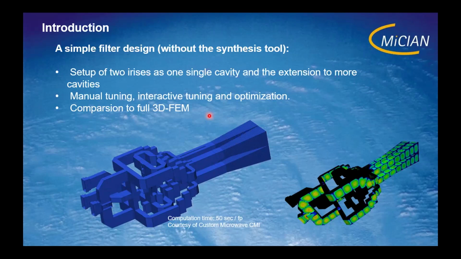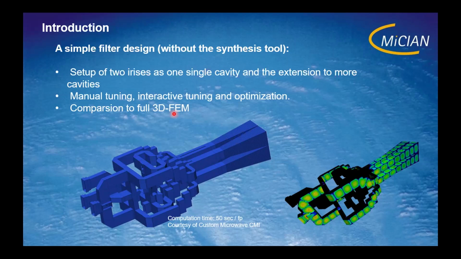Constructing the filter is the first step, and thereafter you have to tune the filter in order to meet the specific frequency requirements, like a specific frequency band or rejection and so on. And then for accuracy, you are using a solver called 3D FEM.